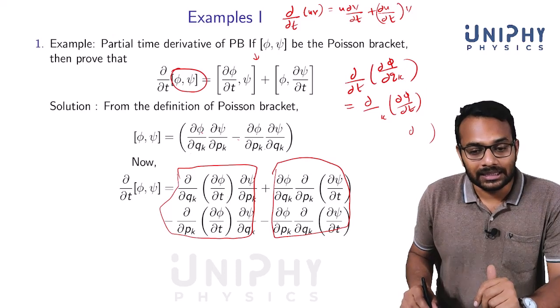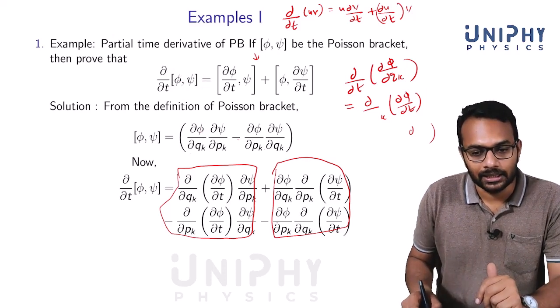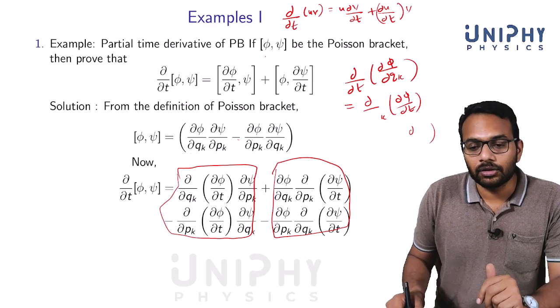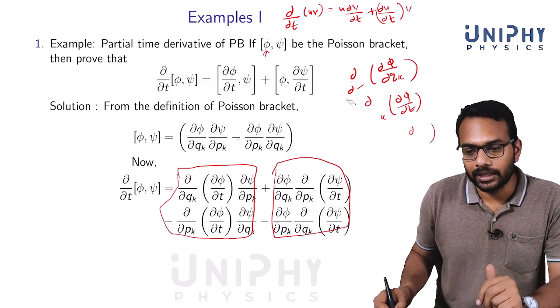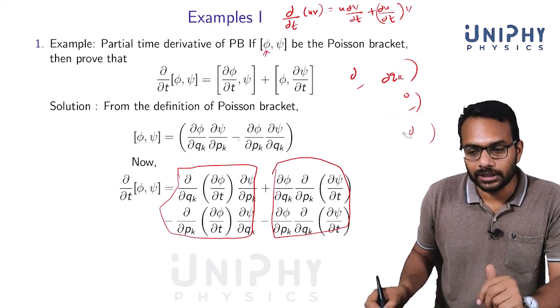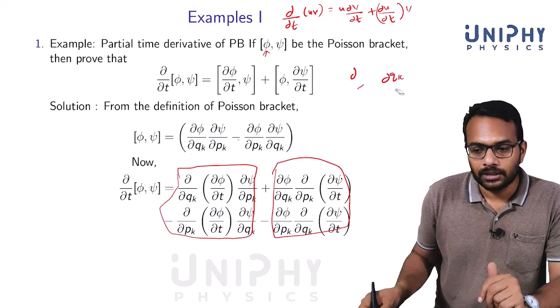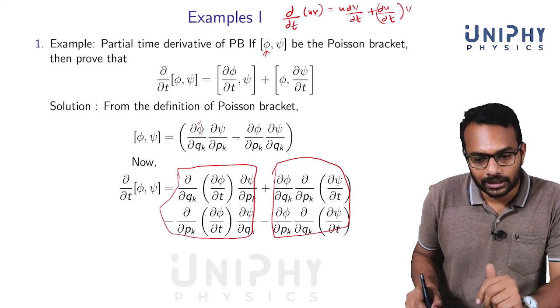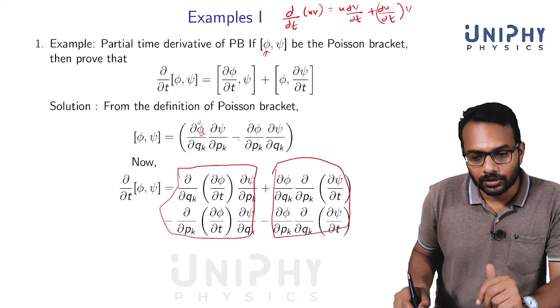Alright. So instead of φ here, if you had a ∂φ/∂t, then you would have a ∂φ/∂t here, and a ∂φ/∂t here.